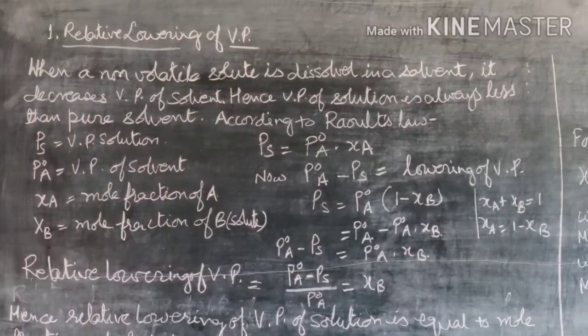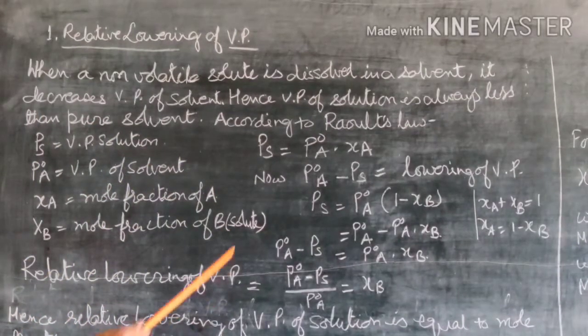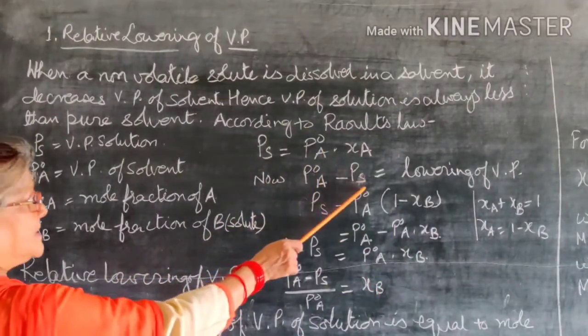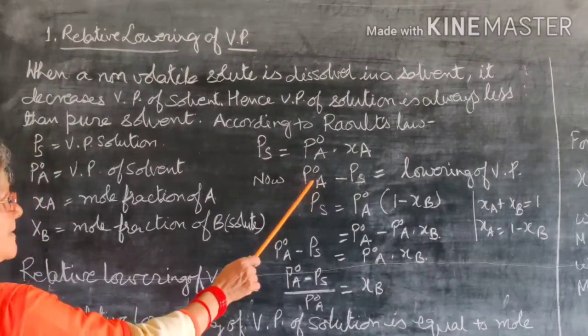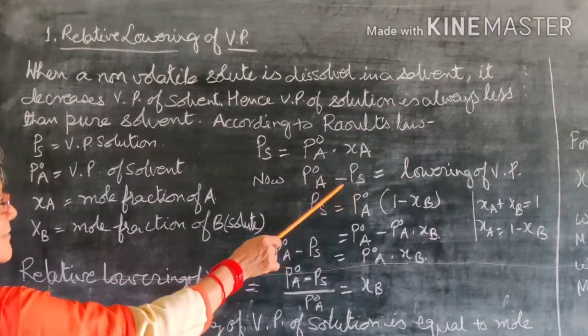Here A is solvent and B is solute. Now, P0A is always greater than Ps. P0A is the vapor pressure of pure solvent. Ps is the vapor pressure of solution.